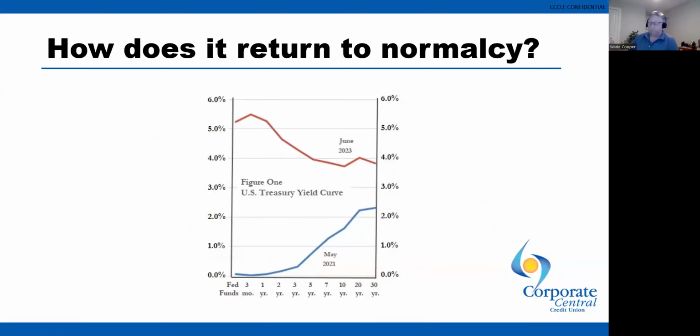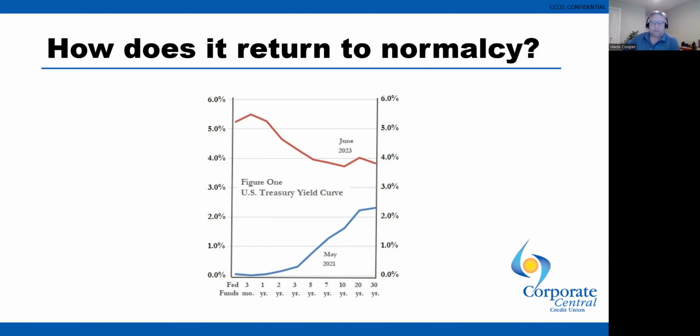But I talk about this quite a bit with credit unions as well, because I work with them on the investment side. How does the curve turn to normalcy?